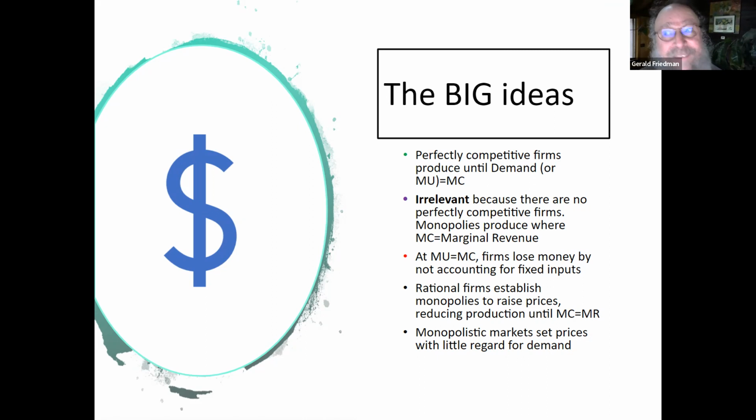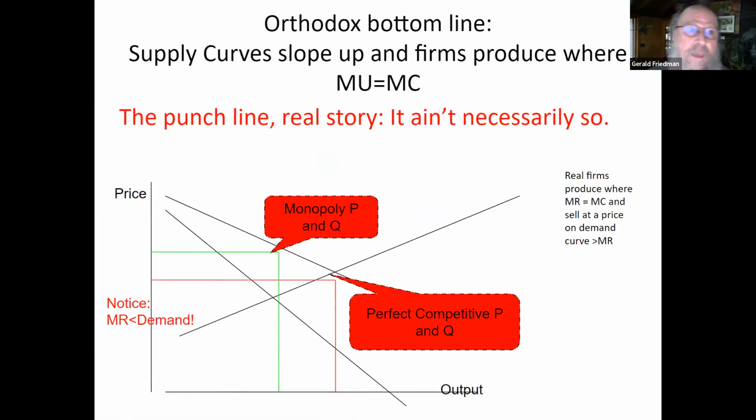Pricing at marginal cost means they're not taking account of those fixed costs, so they will generally be losing money. Only monopolists can survive. Okay, orthodox bottom line: supply curves slope up, and firms produce where marginal utility equals marginal cost. Punchline: ain't necessarily so. The firms that actually survive do not act like this.